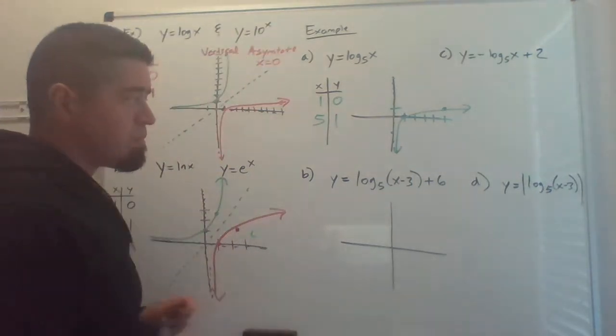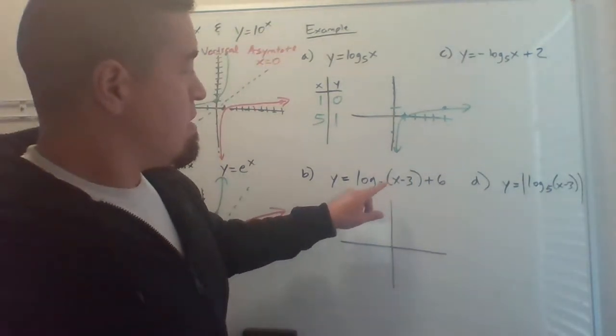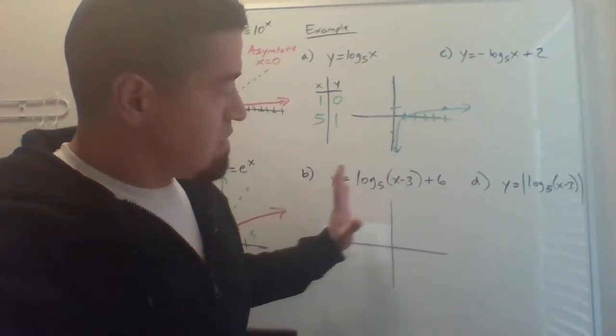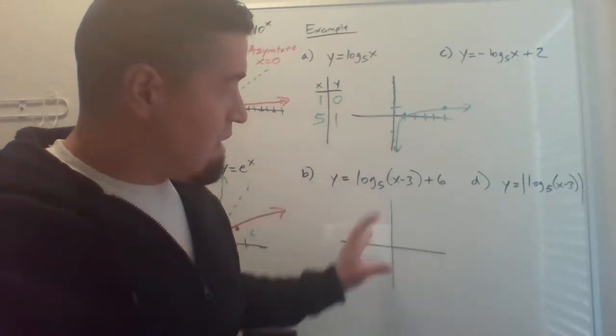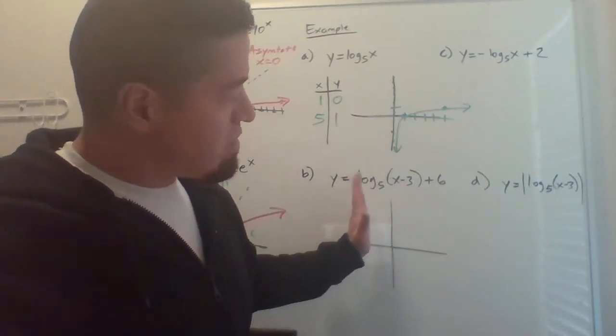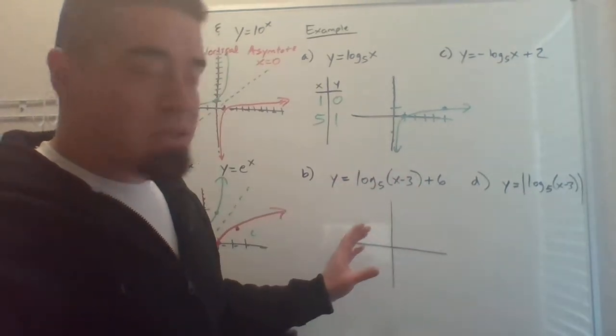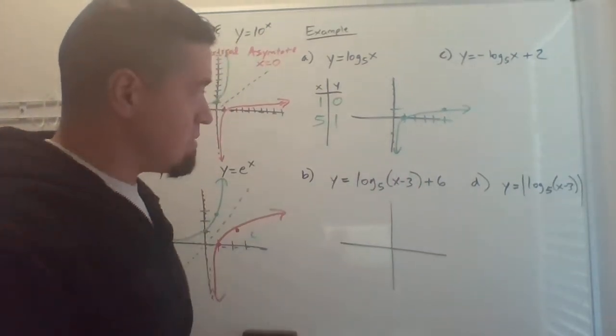Well, log base 5 of x minus 3, that tells me, am I going to shift the graph right, left, up, down? Well, since it's minus 3, I'm going to shift it to the right 3. Okay. Then the plus 6 tells me I'm going to shift it up 6 units.